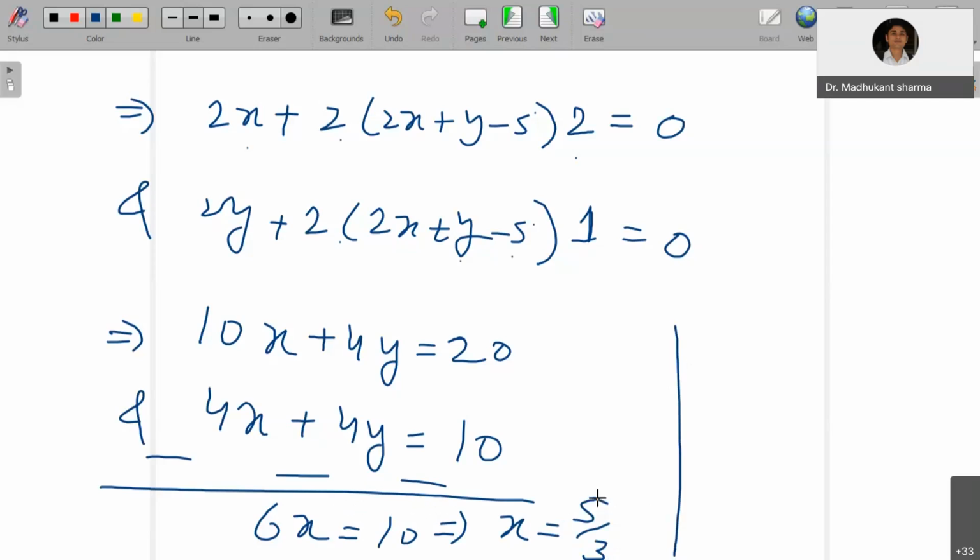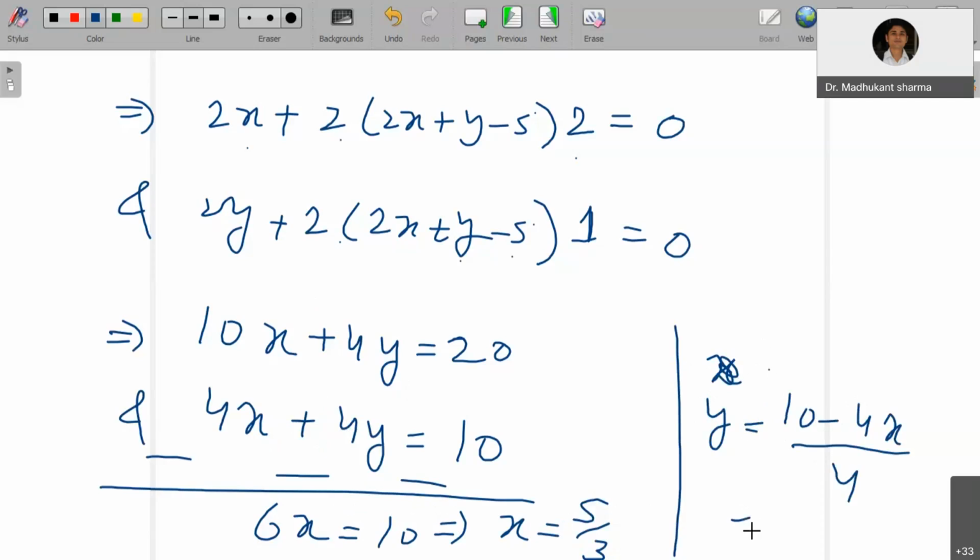Now x is already obtained, so y equals (10 minus 4x) divided by 4.